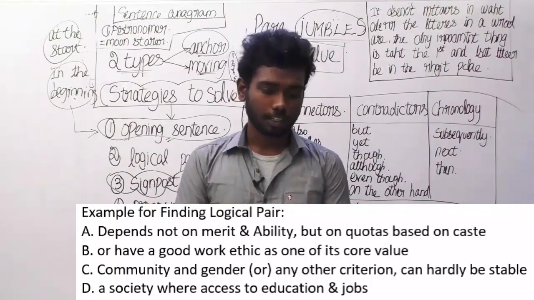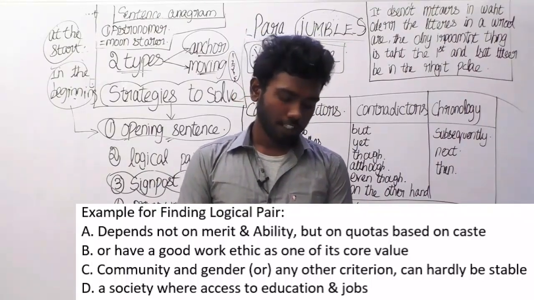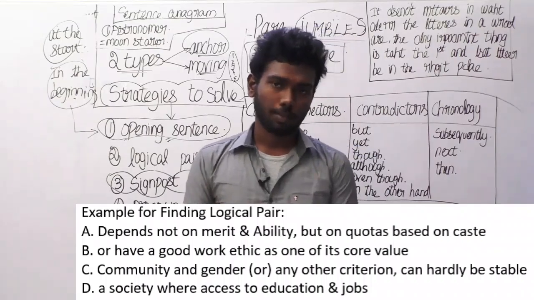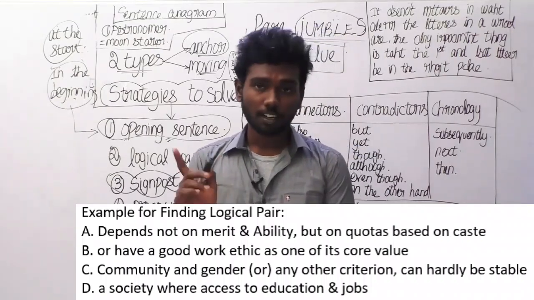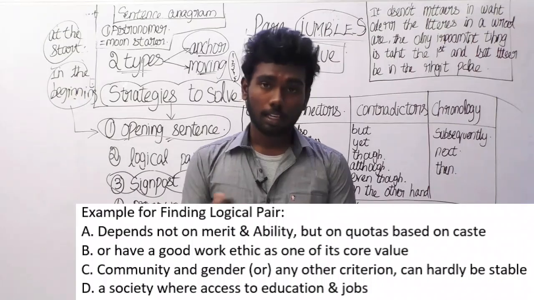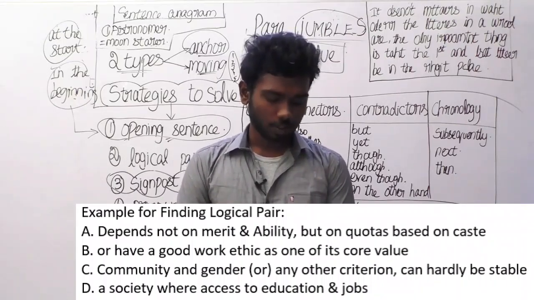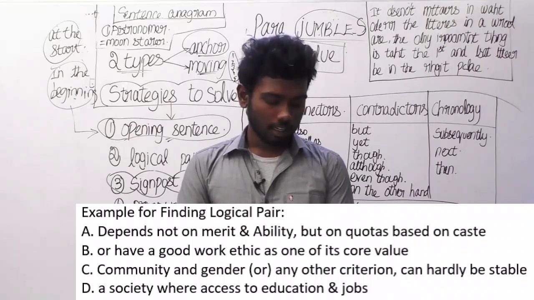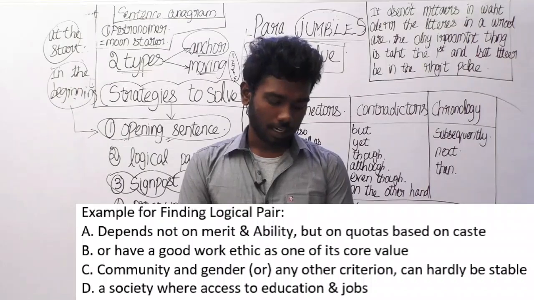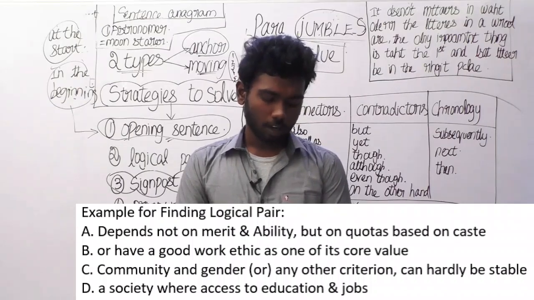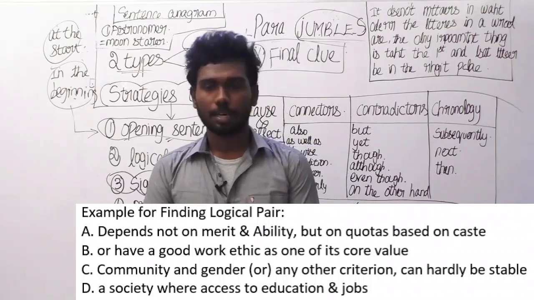Look at this question: can you figure out in which sentences these three things are coming? In the first sentence, caste comes. In the third sentence, community and gender come first. So, clearly, depends on merit and ability, but on quotas based on caste, community and gender or any other criterion can hardly be stable.